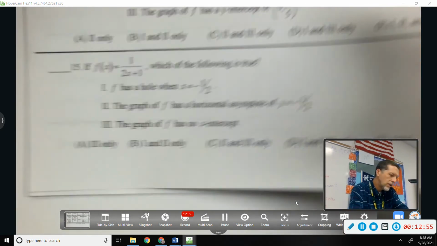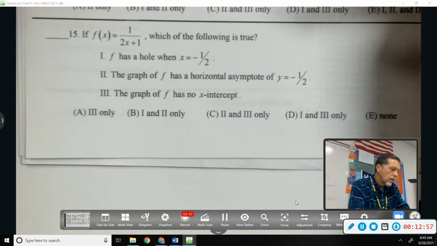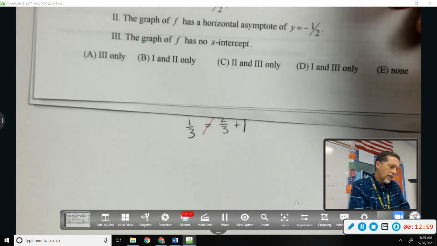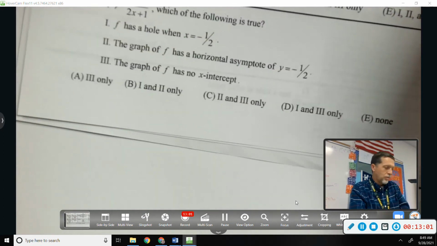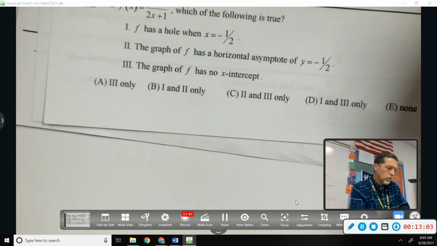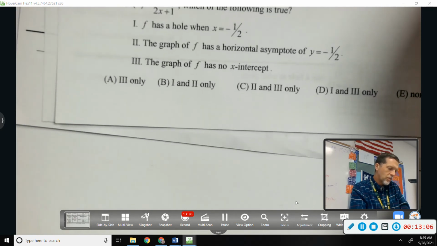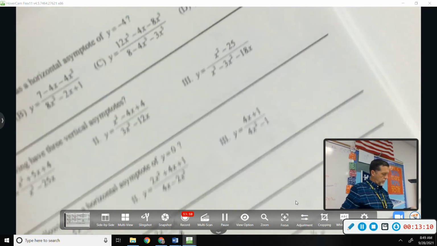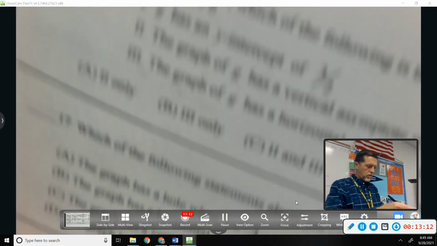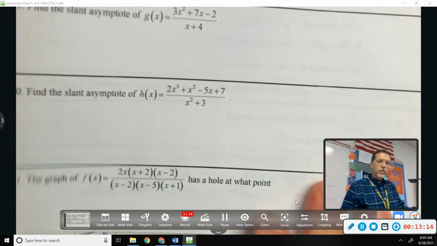Okay. Do we need to do anything with rational graphs? So like asymptotes, slant asymptotes, domain, holes, vertical asymptotes, intercepts. Slant asymptotes. I can do 20.